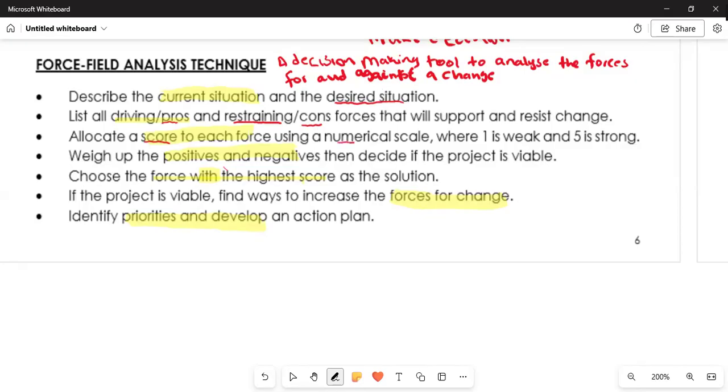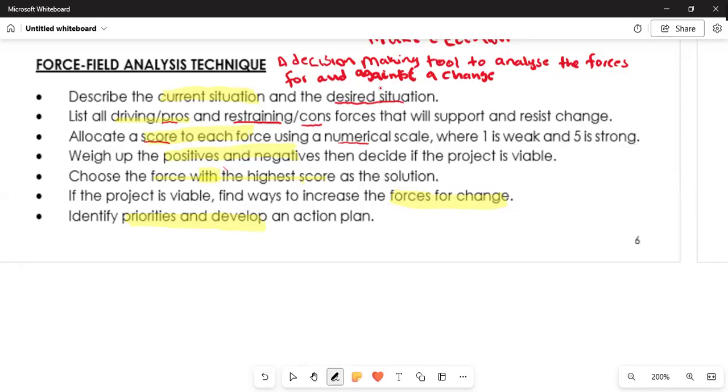So let's come back to the driving forces. Increasing production speed is maybe going to score 5. Lower long-term cost is going to score 4. Improved product quality is going to score 4 as well.